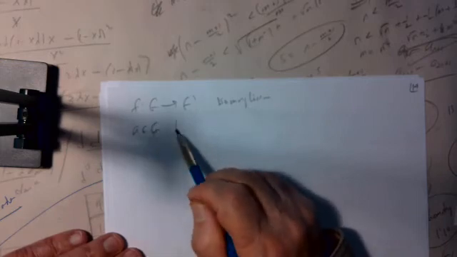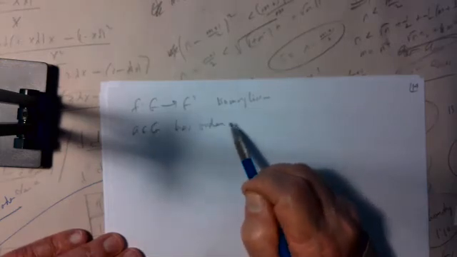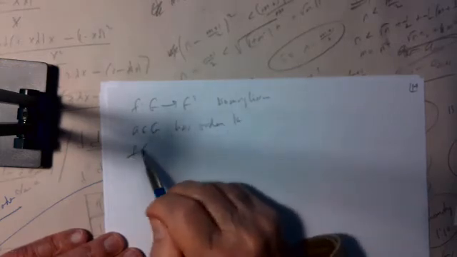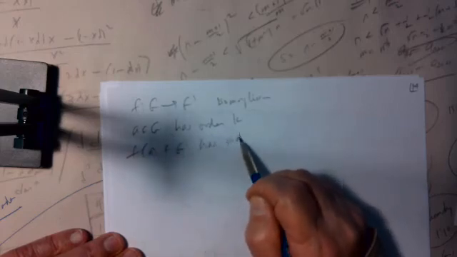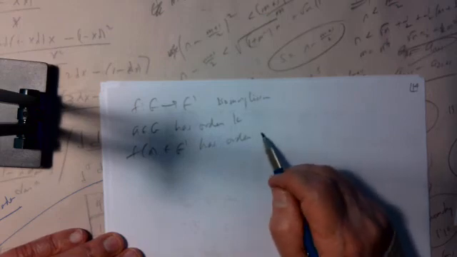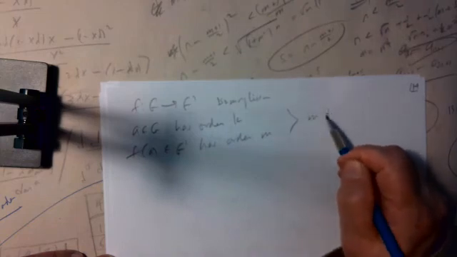Suppose a in G has order k, and f of a in G prime has order m. So again, what can we say? If a has order k and f of a has order m, we know m divides k.